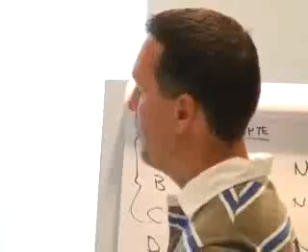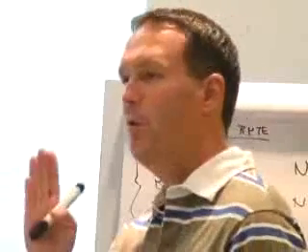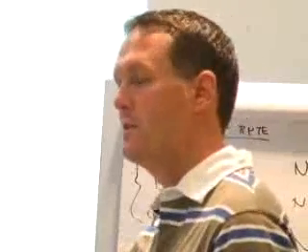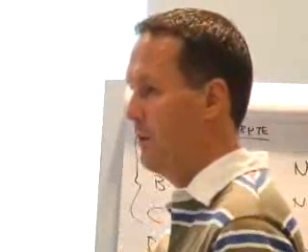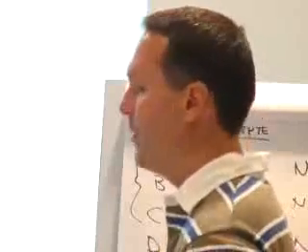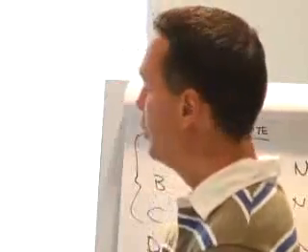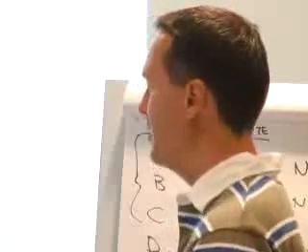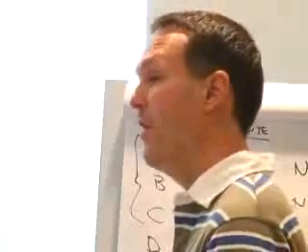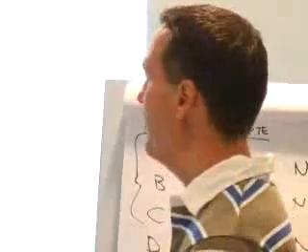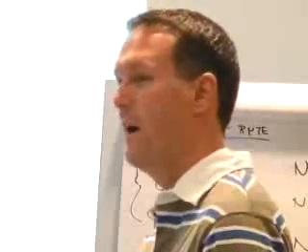And the same thing goes for the broadcast address. If I put all the host bits to ones, that's the broadcast address on the network. So if I want to send something to every single PC, every single host on the Class C network 192.1.10, I would send that to the IP address 192.1.10.255.